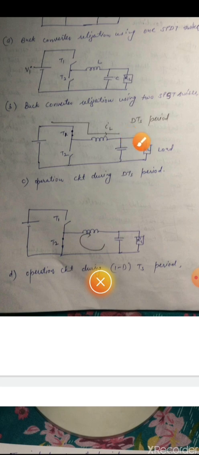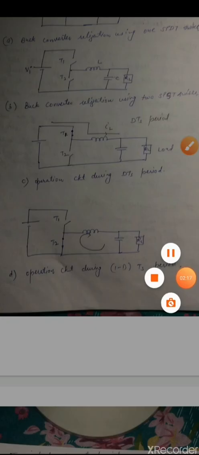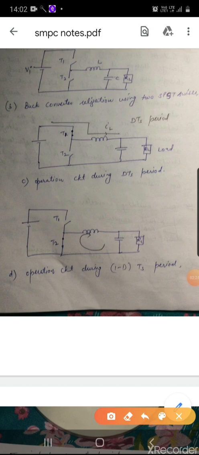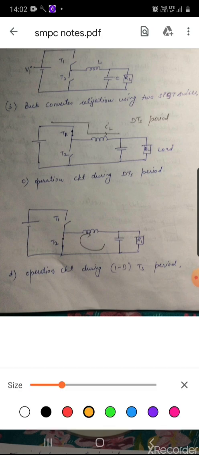This is plus, this is minus polarity. The inductor is getting charged in the DTS period. Now what will happen?